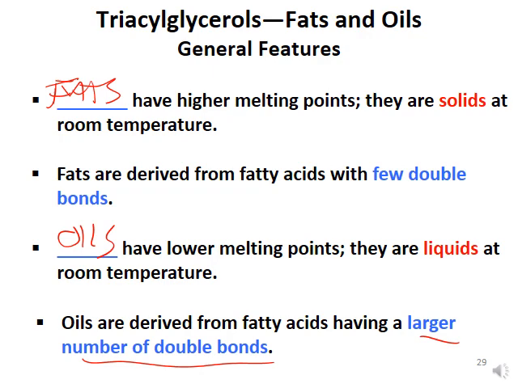Oils are liquidy, which means they're easily able to get up into the liquid state, which means the intermolecular forces are less, which means they must not be able to rub against each other as easily. The dispersion forces are less, and that happens with kinking, and that happens with unsaturation and double bond formation. Okay.